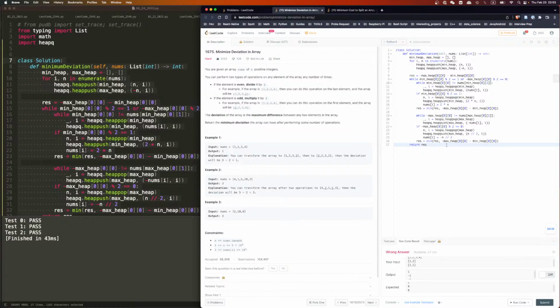Maybe we can do ABS. That's an interesting idea. What do you think? Because we can allow the small to go even higher, right? Yeah, small gets bigger, and then we try it.